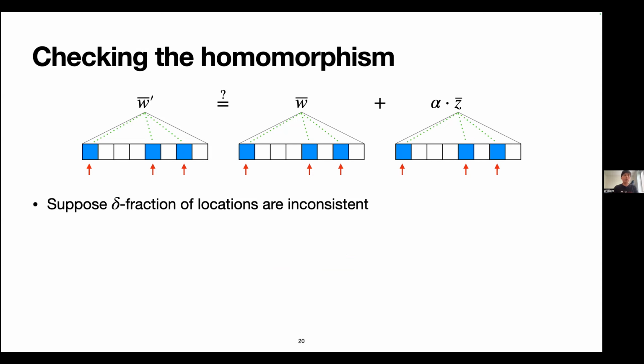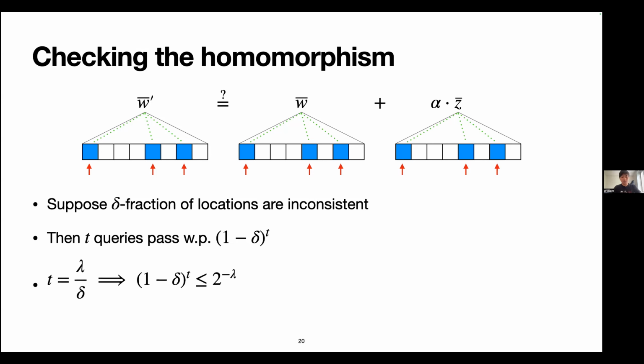Formally, suppose a delta fraction of the locations across these vectors are inconsistent with each other. Then if you make T queries, they will all pass with probability 1 minus delta to the T. So basically, in order for a malicious prover to succeed, each of the queries would need to not hit the inconsistent locations.